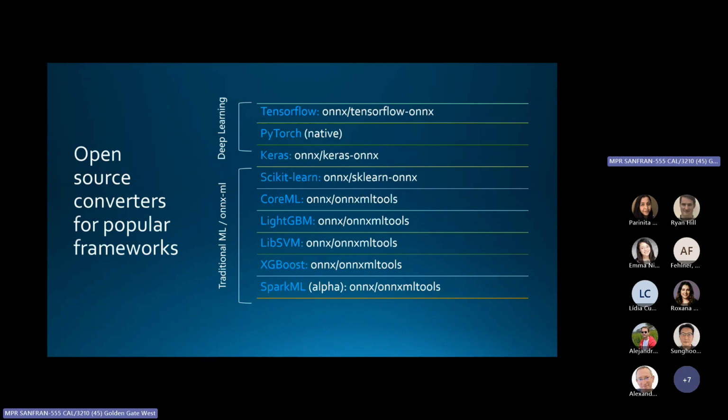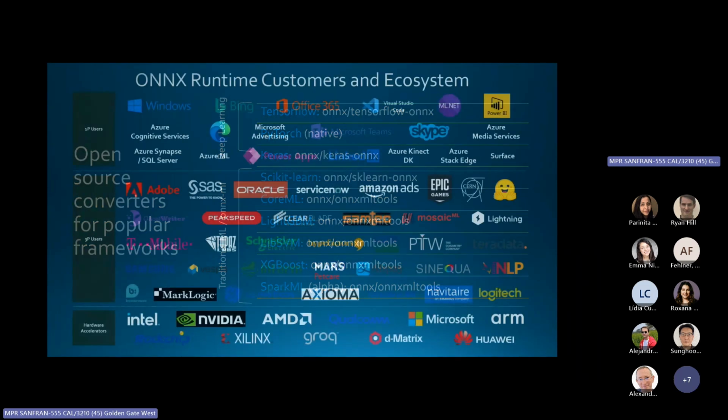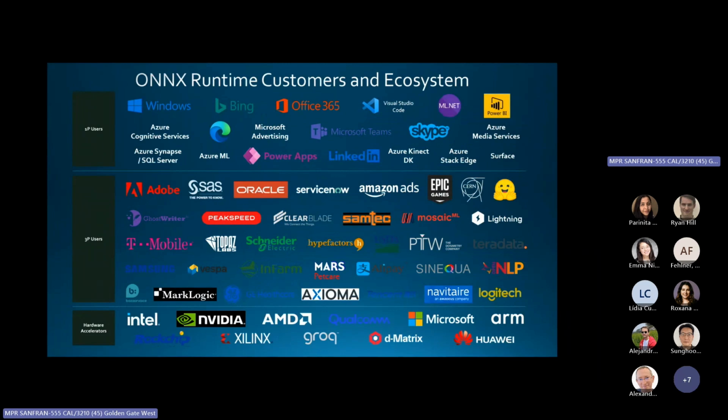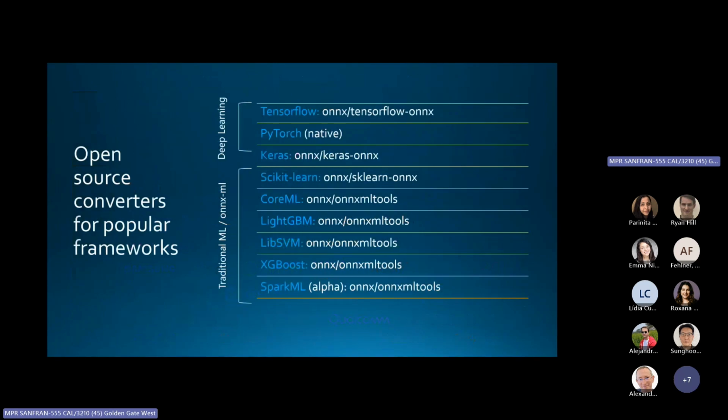The PyTorch converter is built in, part of the PyTorch release. Once you use PyTorch to train your model, or have a model in PyTorch, you can export to ONNX within PyTorch. Then there are other types of frameworks for traditional machine learning, such as scikit-learn and CoreML, which are also very popular.